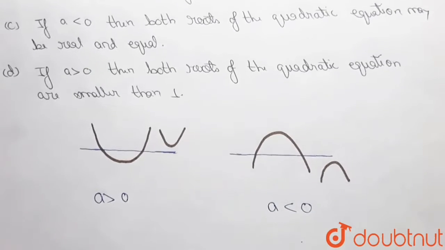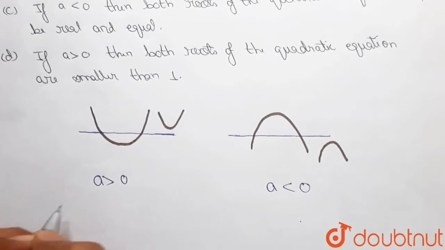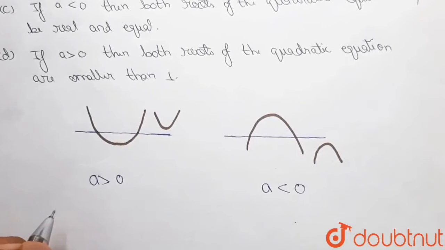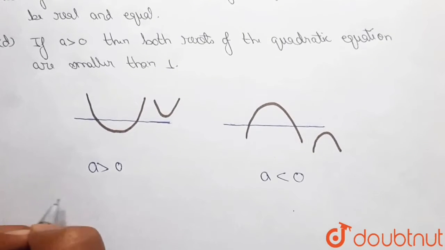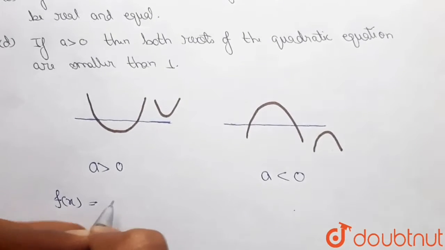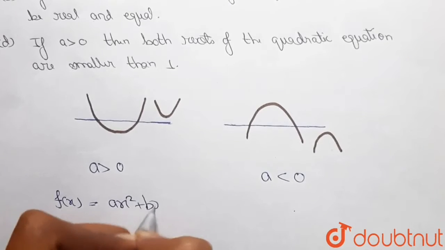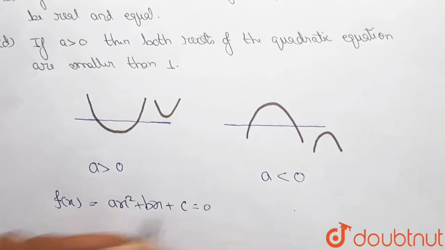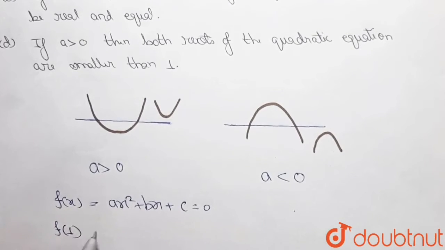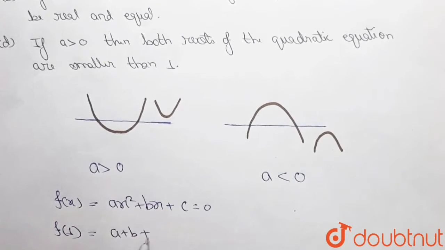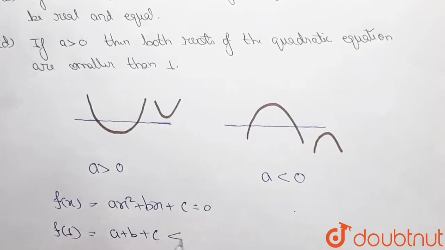Now moving further, it is given that a plus b plus c is less than 0. Okay, so let me put 1 in the quadratic equation. Let me write down the given quadratic equation first, that is ax square plus bx plus c equal to 0, right? So if I put x equal to 1, then that will be equal to a plus b plus c, and it is given that this is less than 0, right?